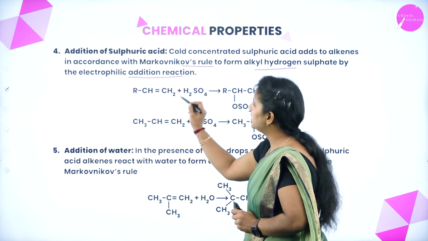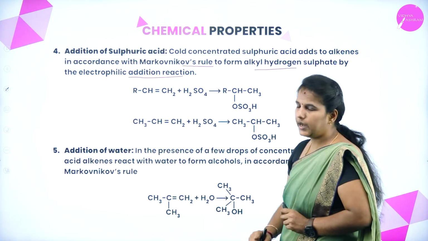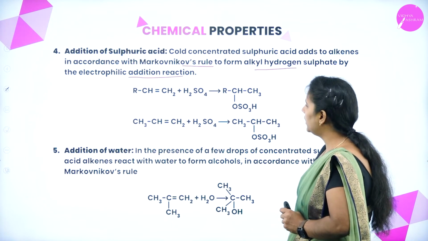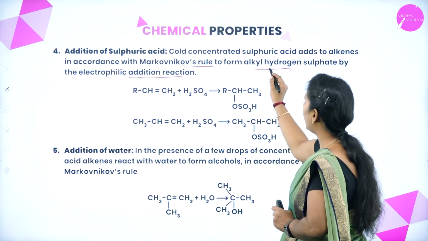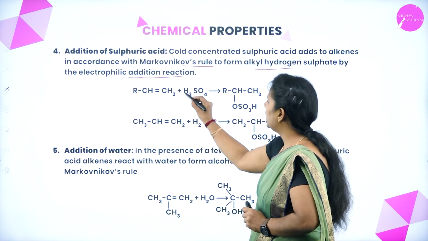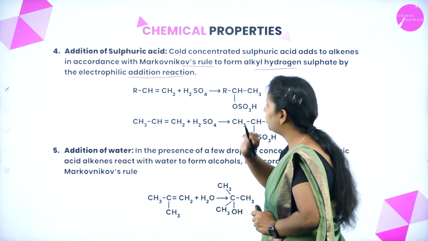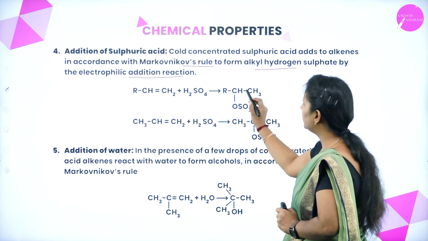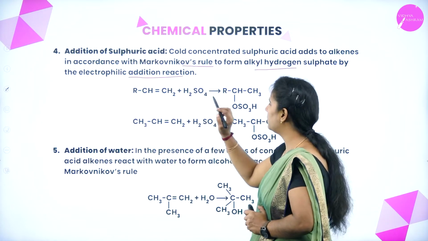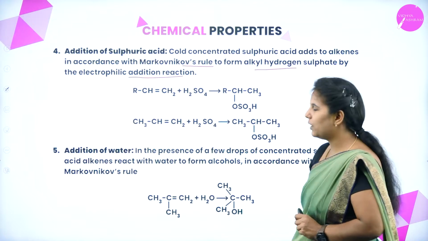Here I have considered the alkene which is allowed to react with concentrated H2SO4. What will it form? It will form alkyl hydrogen sulfate. So here we know that there are 2 hydrogen, 1 sulfur and 4 oxygen atoms.